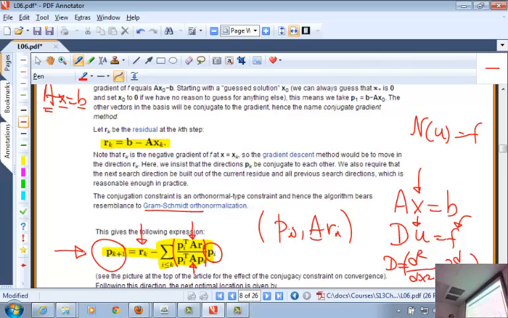Initially it's going to contain all directions, and you are going to successively explore directions that are still not explored in a dominant sense. So you subtract out all the components that you have searched previously, and then go in a direction that has a greater component in the unexplored direction. This is going to be one key element of the conjugate gradient method, to find the new search direction.